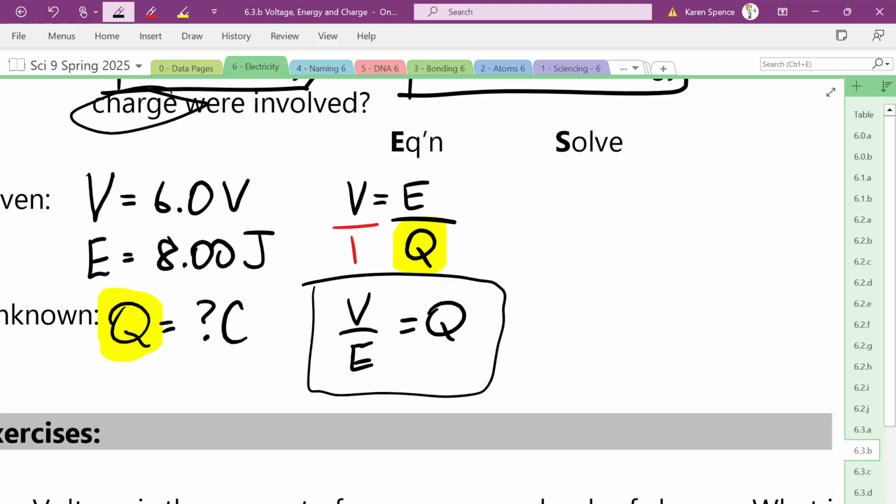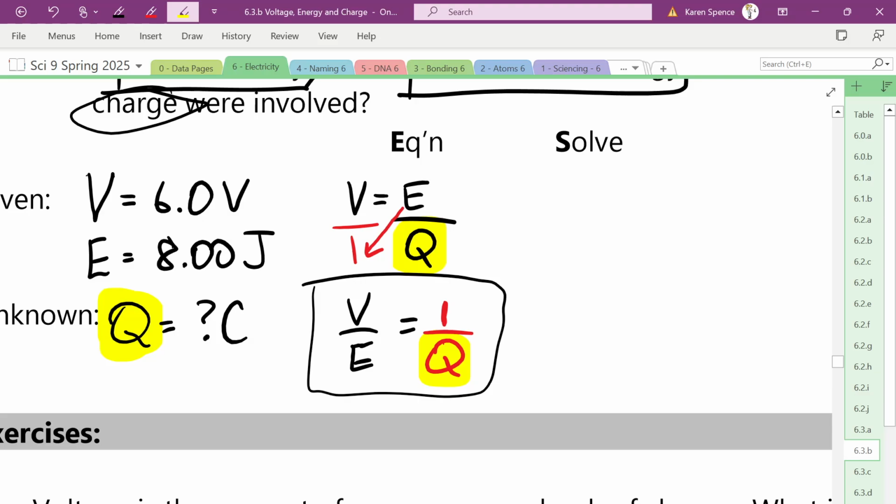Q is not on the left, but if I were to move E down here, that would leave nothing on the top. So we would have a 1 on the top, but the Q would still be on the bottom. And that's not what we want.